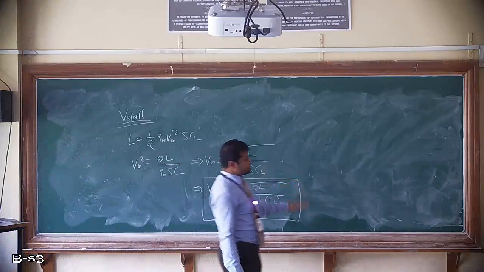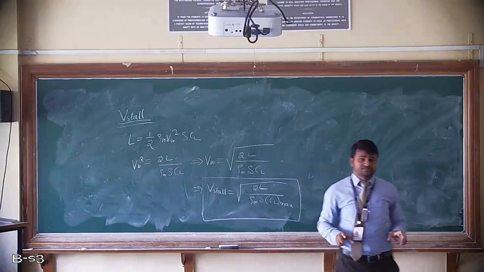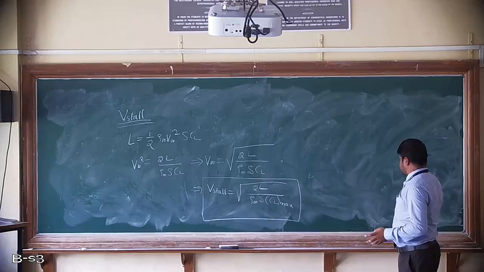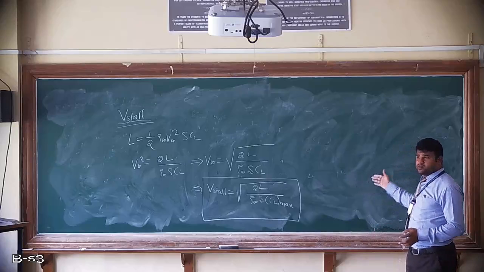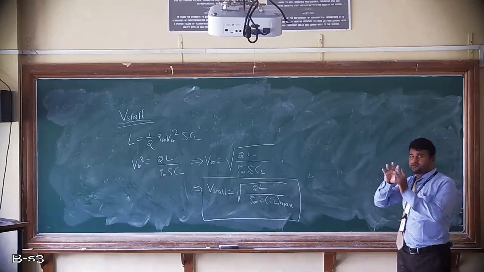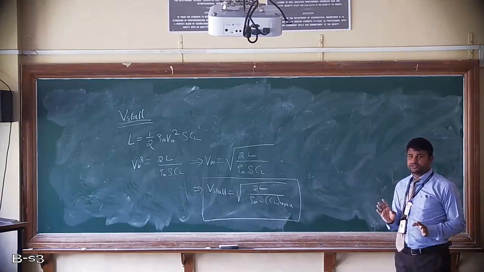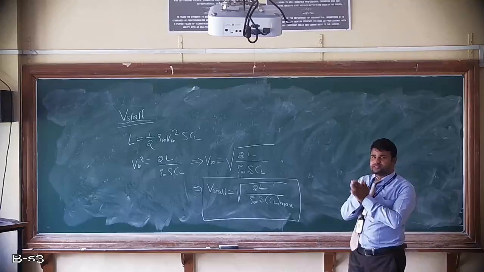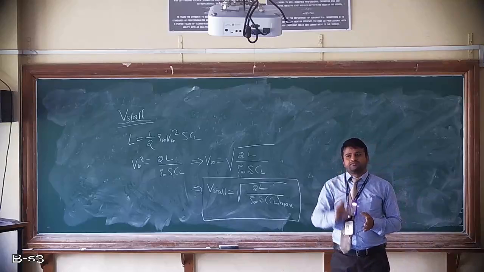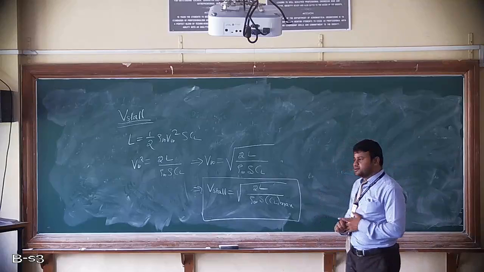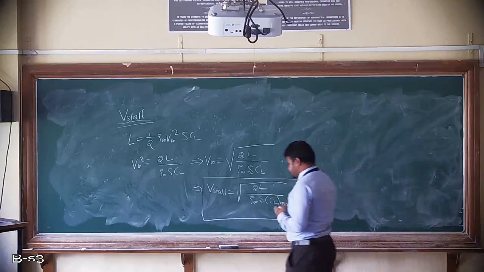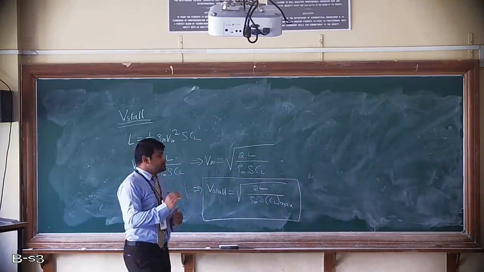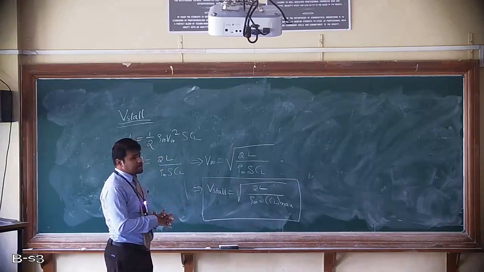Now in the previous big equation, V infinity equals TR by W and W by S, some bigger equation. Yes or no? In that we said if the positive sign is there between the terms, we call it maximum velocity, and if minus sign is there, then minimum velocity. Now next is V stall.